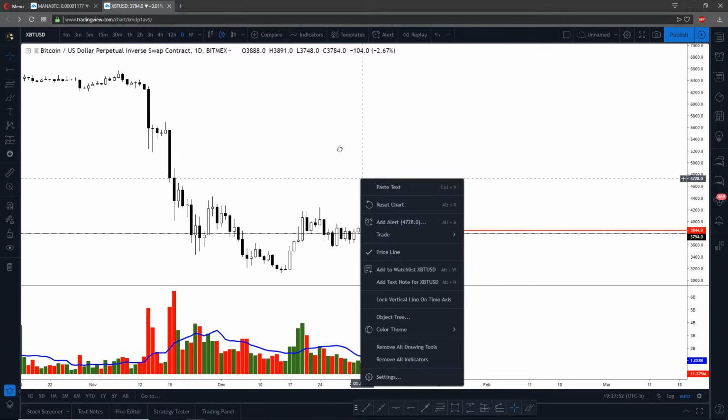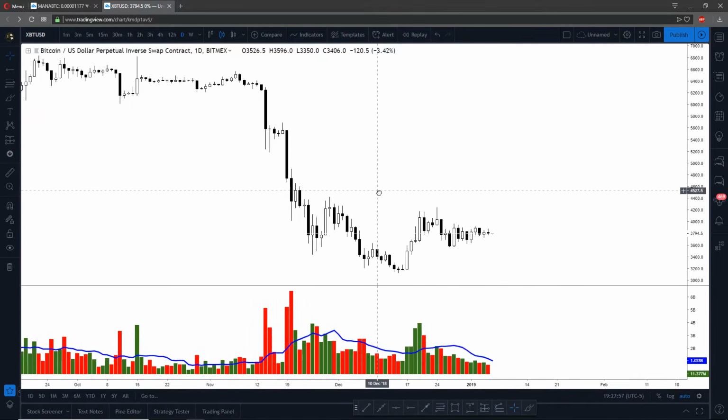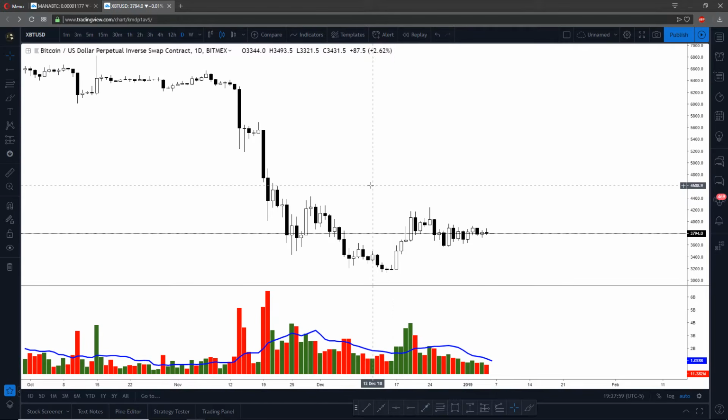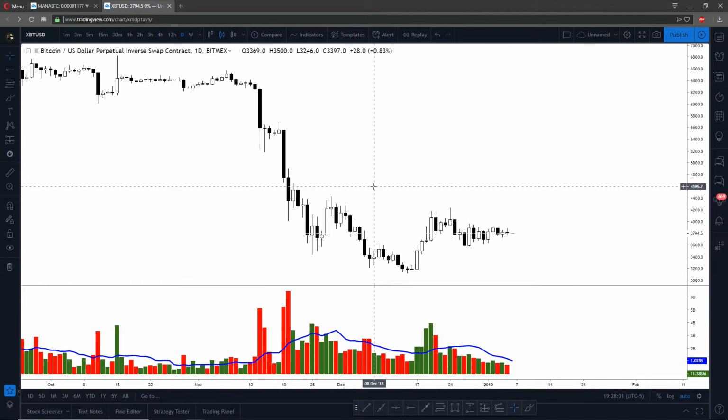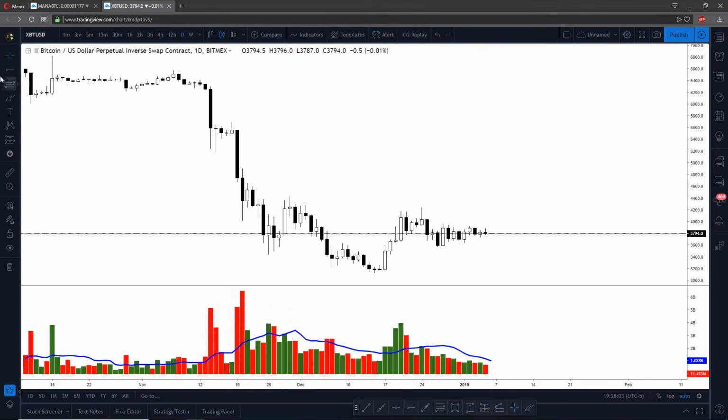Let me see if I can find an example to show you. For example, if this was your bottom and you took just the bodies and not the wicks, you're ignoring a lot of data. That's 4 wicks you're ignoring. Even though wicks are usually exaggerated moves, that's a lot of data you're ignoring.